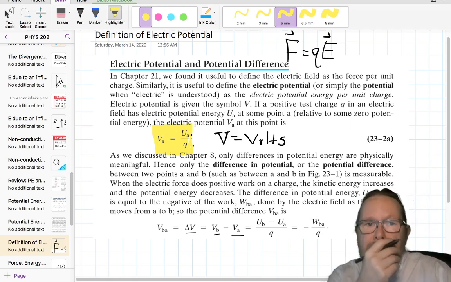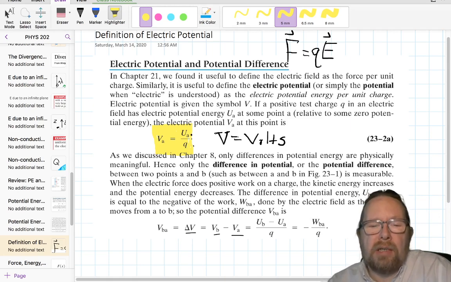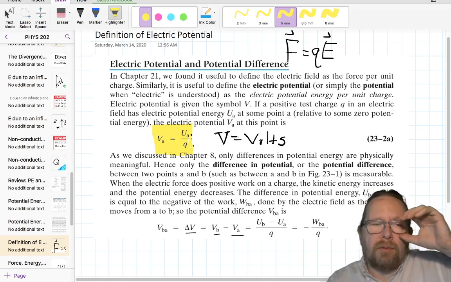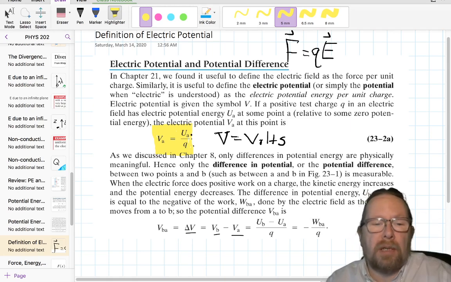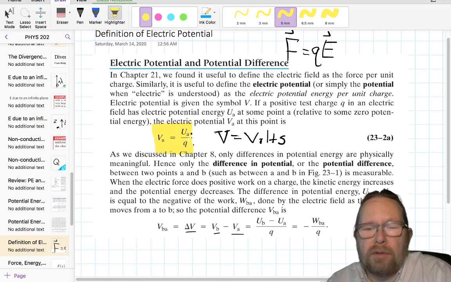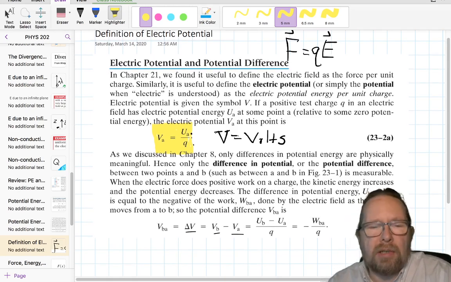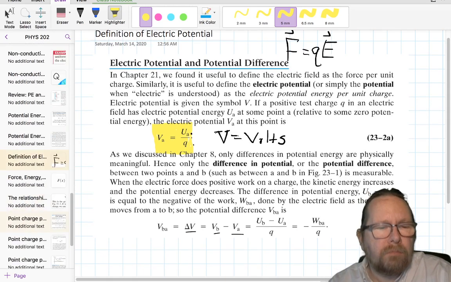We're usually dealing with fields, and fields are vectors. We've seen that when you're trying to add up vectors, you have to take the components into account. You don't have to do that for potentials because potentials are not vectors, they are scalars. So we'll see later on in this chapter why that is useful.